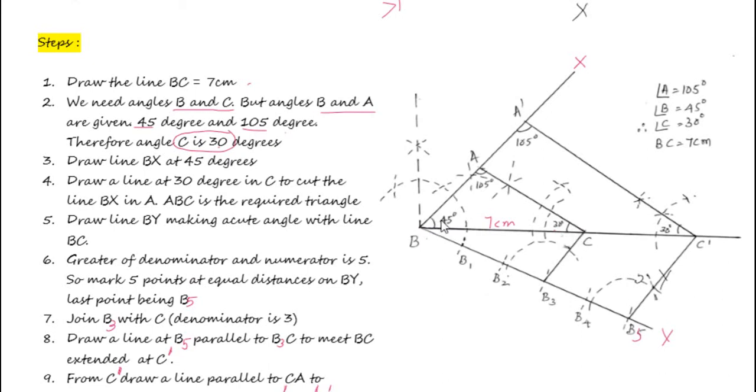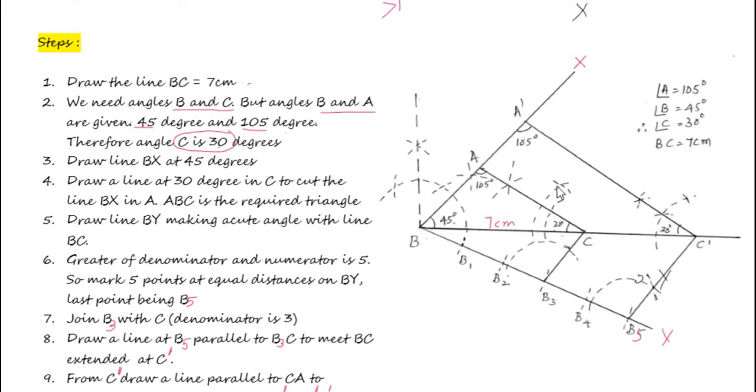Now you have to draw 45 degrees here. How to draw 45? First construct a perpendicular, and then with these 2 points draw a bisector, join that point and extend, and draw the line BX, and that is 45 degrees. Here at C you need to draw 30 degrees.